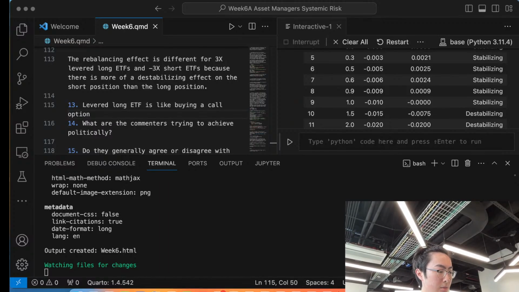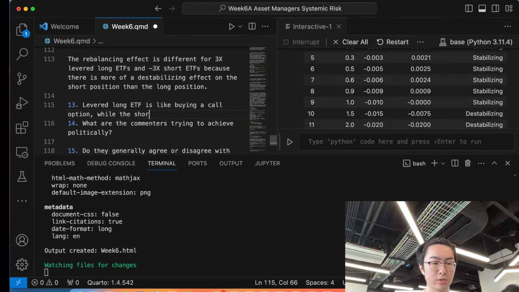What does the payoff diagram look like? So, okay.